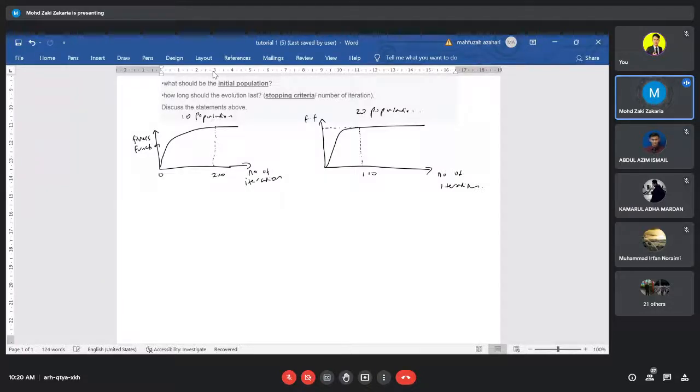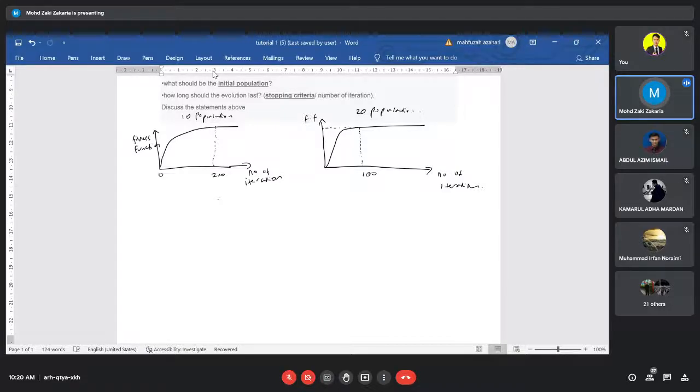If we compare 10 population and 20 population, 20 population is better than 10 population, because at 100 iterations we have the result. The number of iterations means the result is obtained faster compared to 10 population.